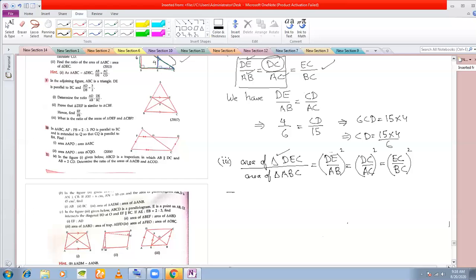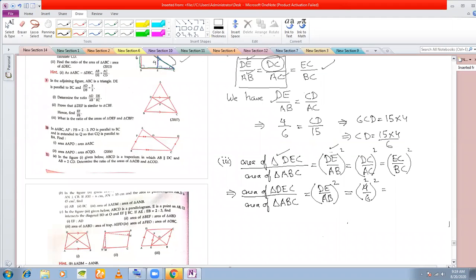That means which ratio am I going to take? I'm going to take DE by AB because I know DE by AB. So area of triangle DEC by area of triangle ABC is equal to DE by AB whole square, and this is 4 by 6 square.